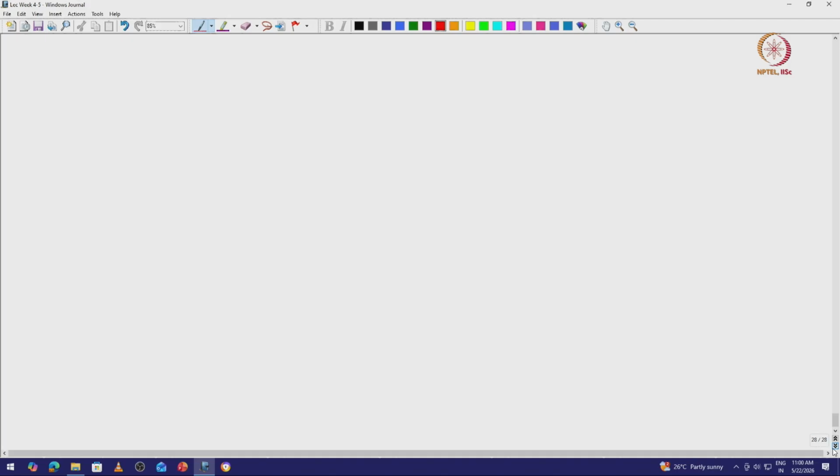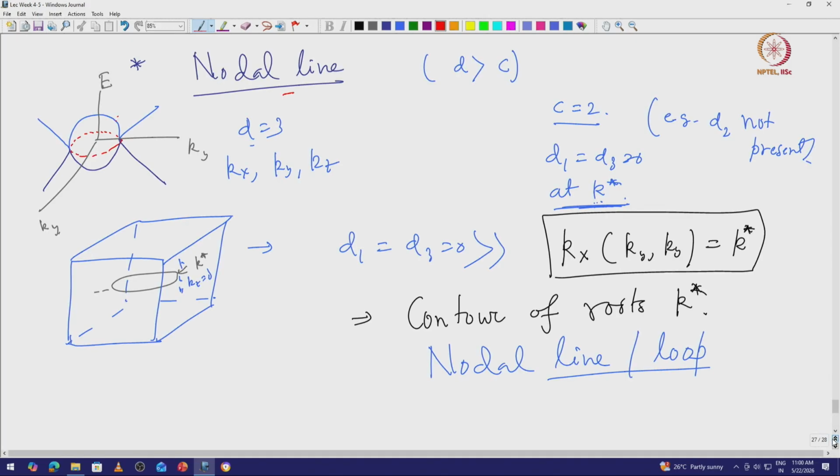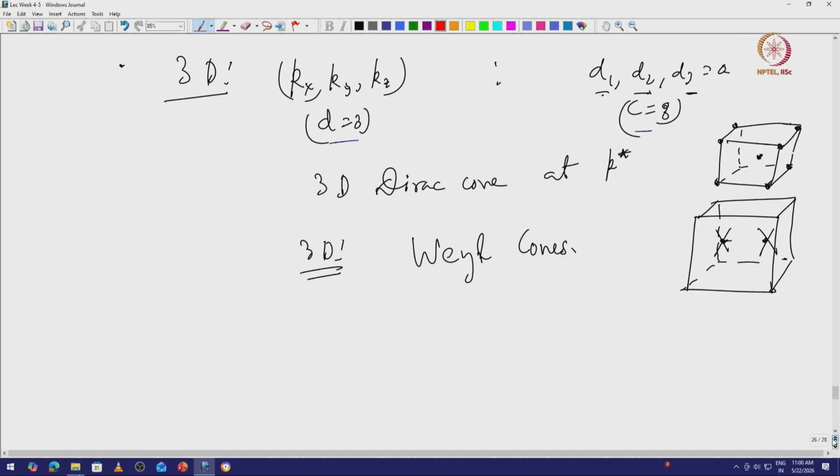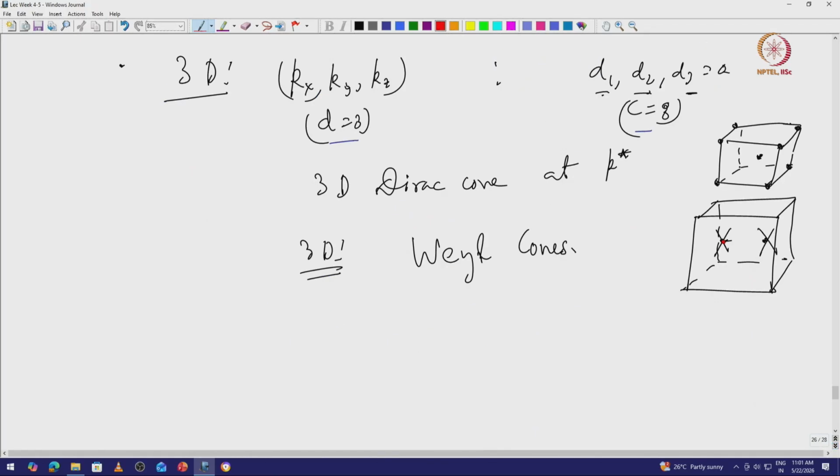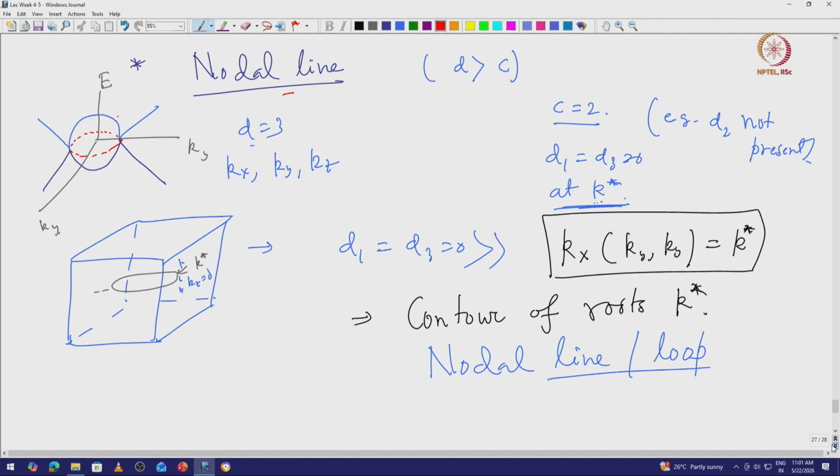So now let's try to see a little more in depth what is happening in this region, or in this region, or in this region, and also talk about the corresponding materials.